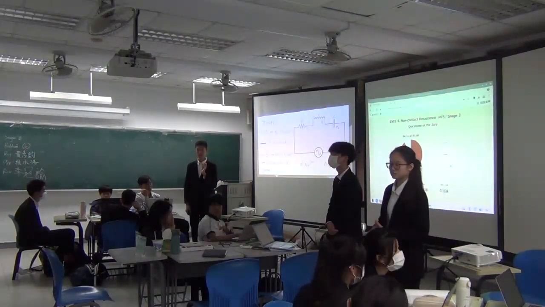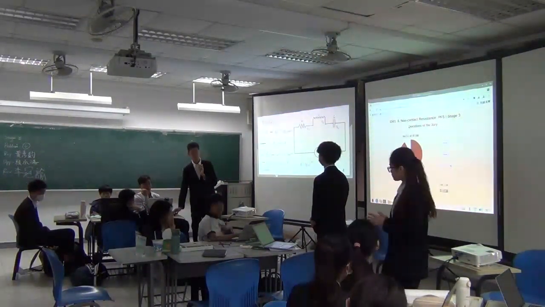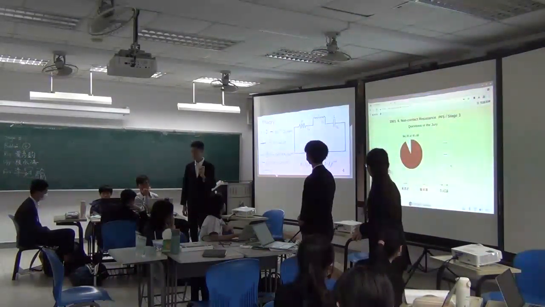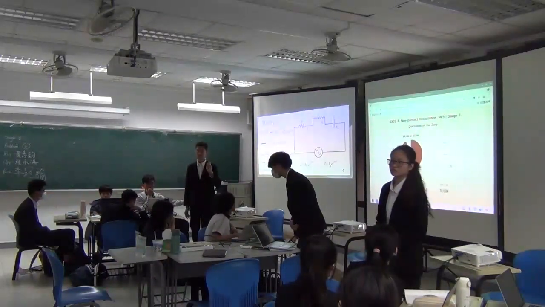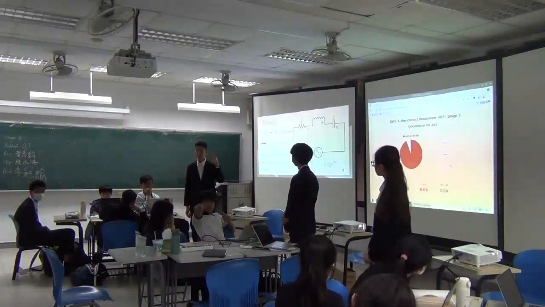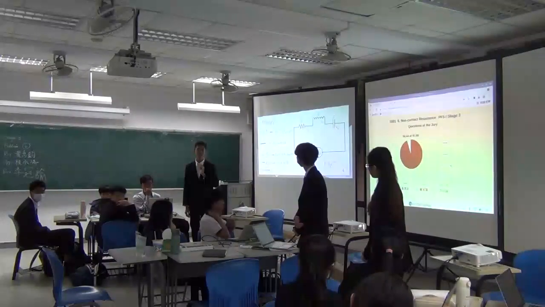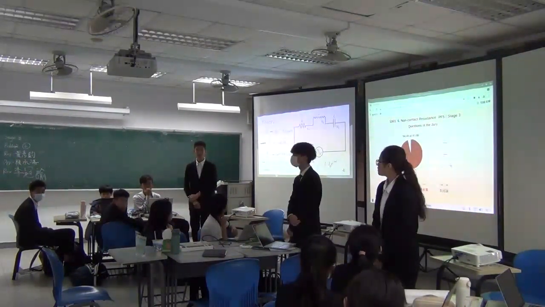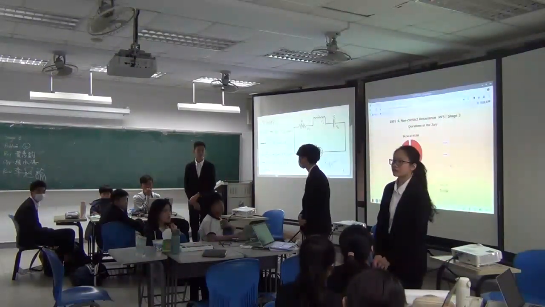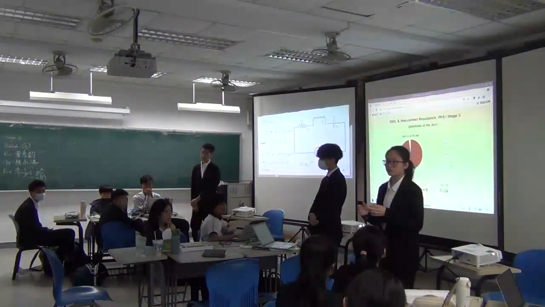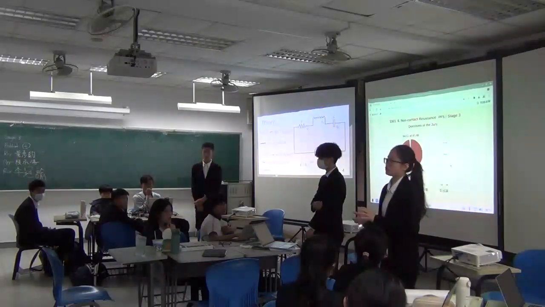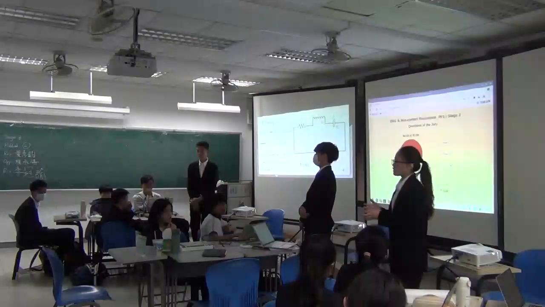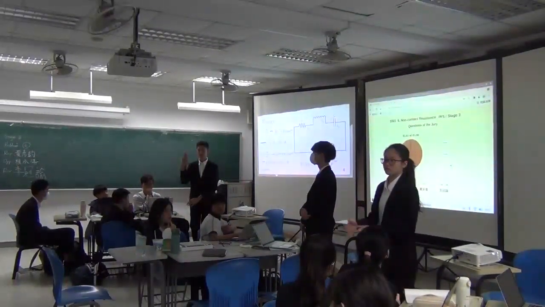What's the difference? The inductance will change, right? Okay, so can I move to the opponent? I think that if we put a ferromagnetic rod inside, the inductance will change, but if we put a non-magnetic rod inside, the inductance will not change.